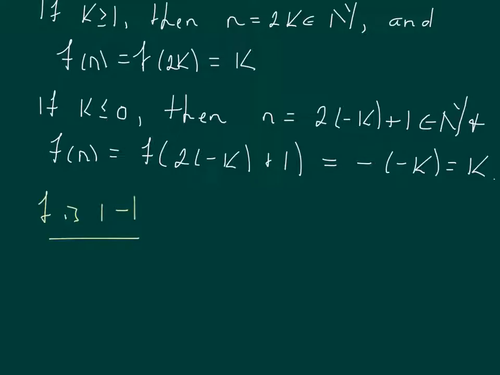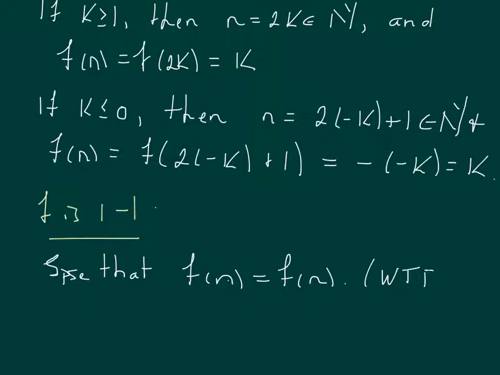So for this, we're going to suppose that f maps m and n to the same value, and what we want to show is that m equals n.